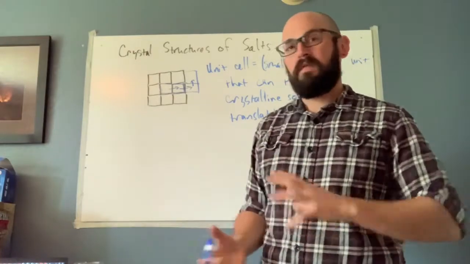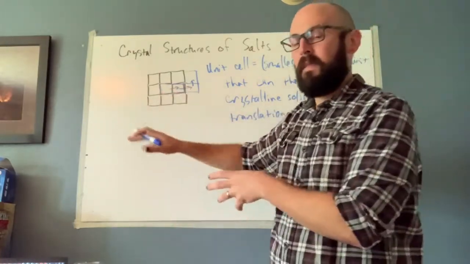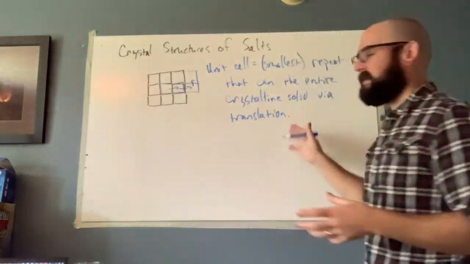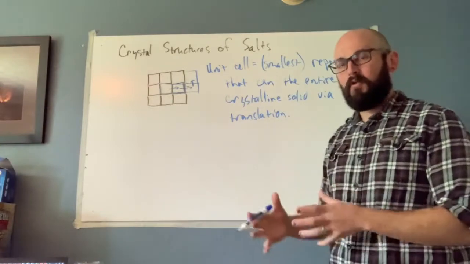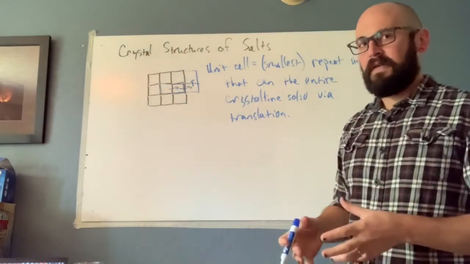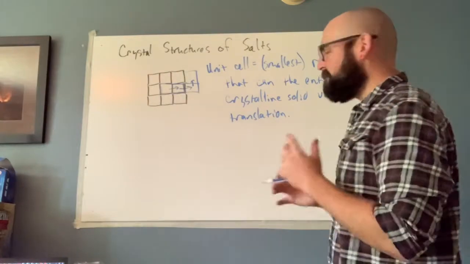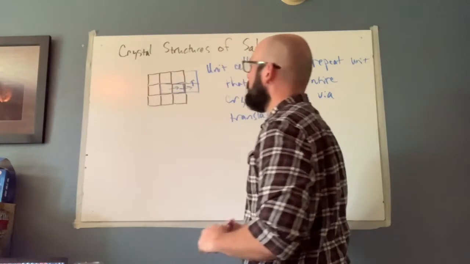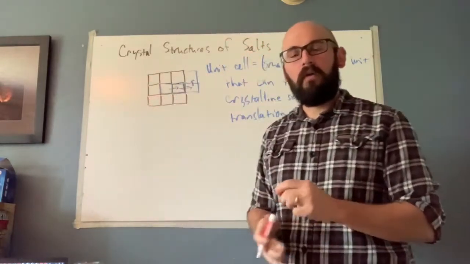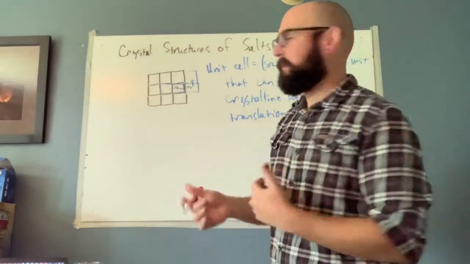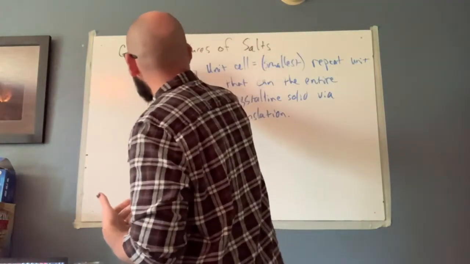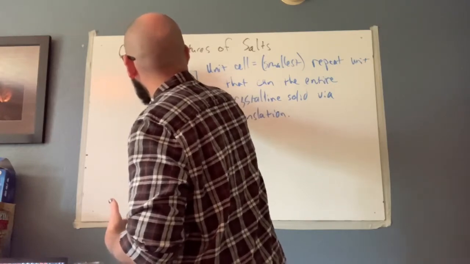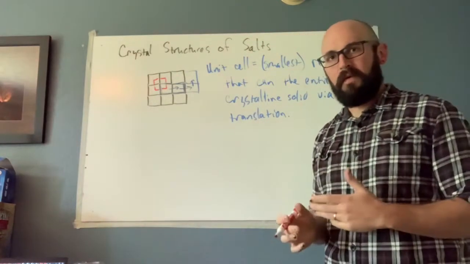We could choose anything within this gridded system that repeats itself so long as it fits our stipulation that translational motion or translational symmetry will generate the rest of our system. For example, it may be less intuitive, but I could, in fact, choose a unit cell that is not along the edges of any of the squares that I already have drawn. Instead, let me choose a unit cell that's defined by having the cross in the middle of it.